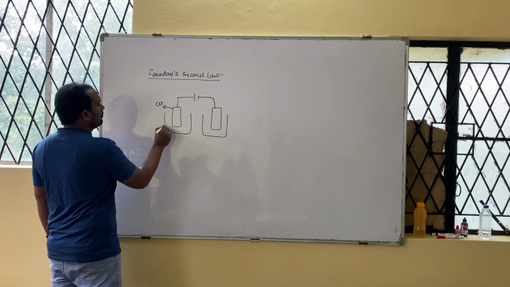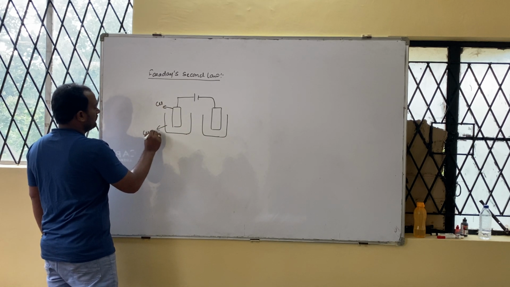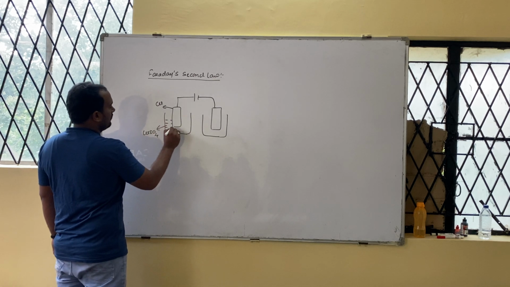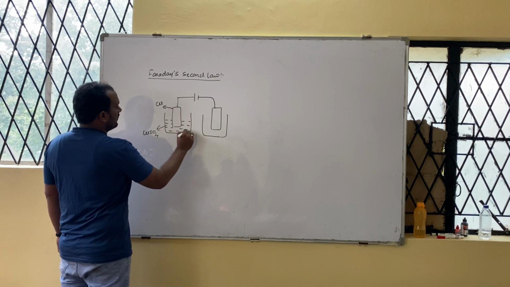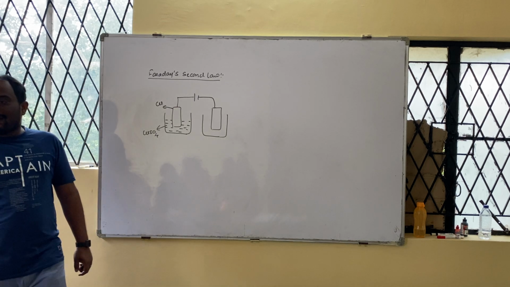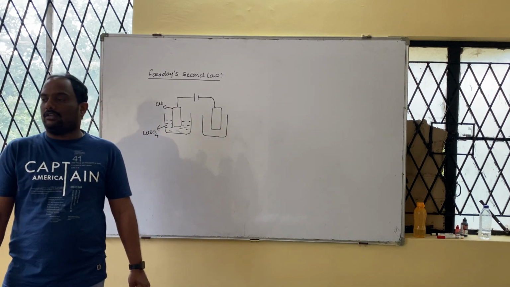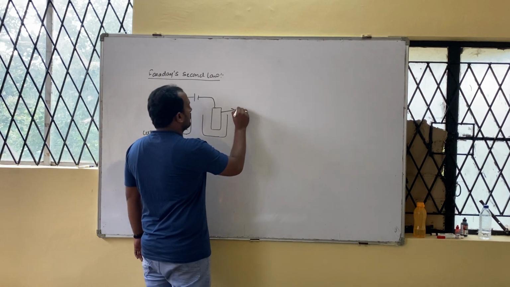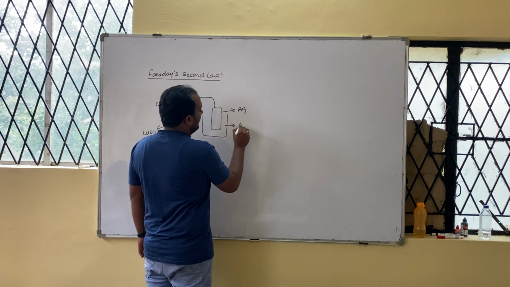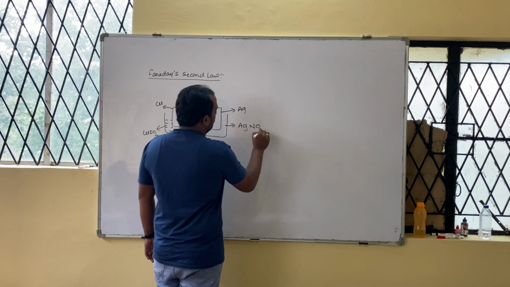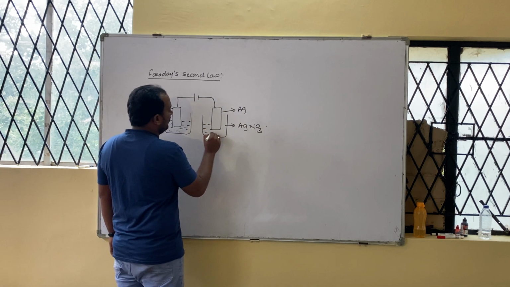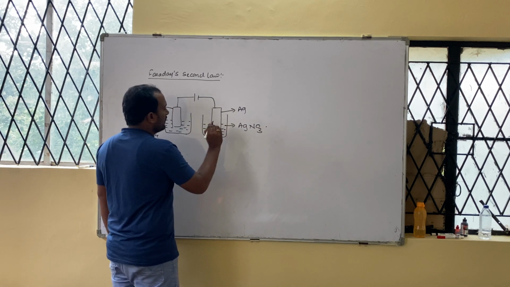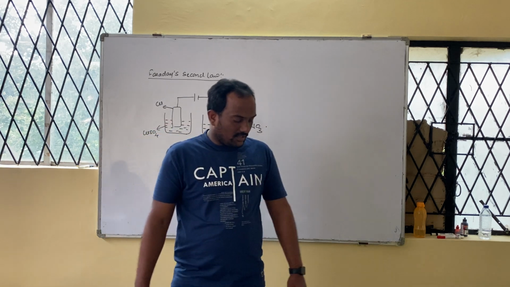This is copper dissolved in copper sulfate. Yesterday I told, electrode and electrolyte should contain which ion? Common ion. So this is silver dissolved in silver nitrate, AgNO3. What is common between Ag and AgNO3? Ag is common. Correct?